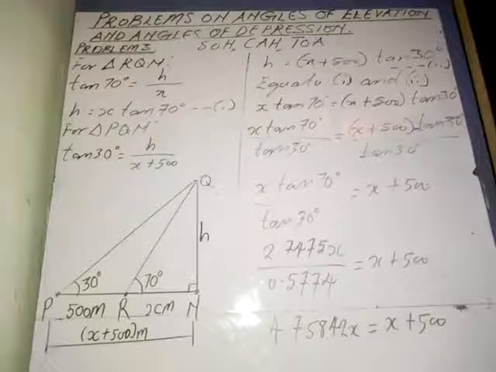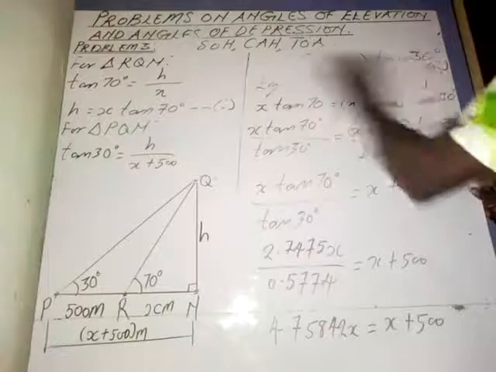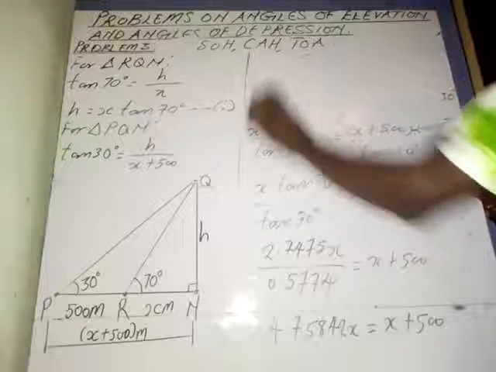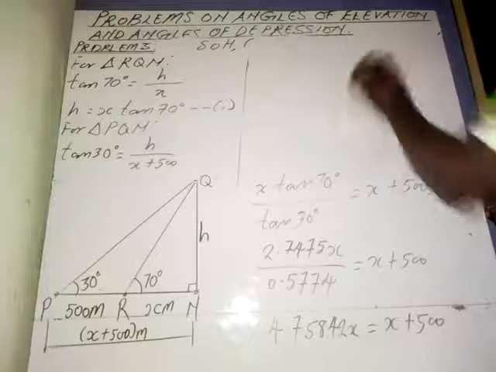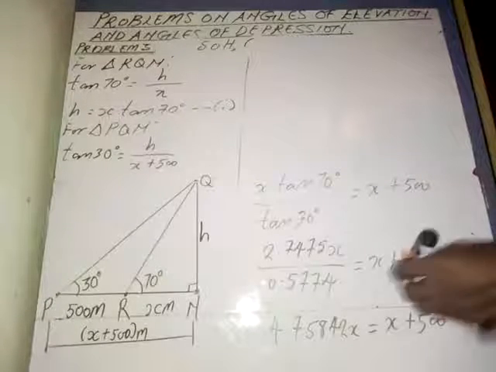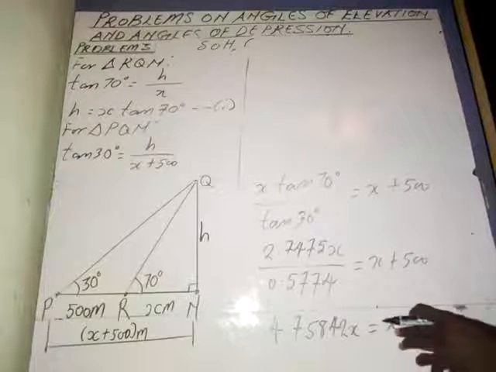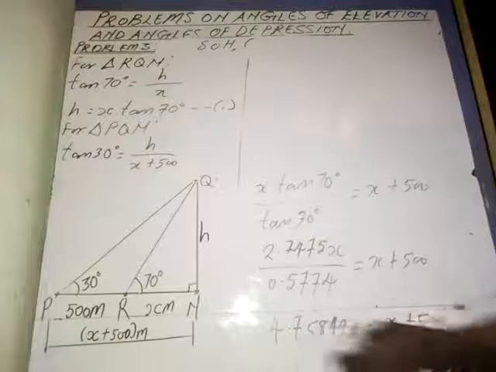All right. Because of space, I need to run this off. Okay. So now we collect the like terms, we bring this here for us to determine the value of x.